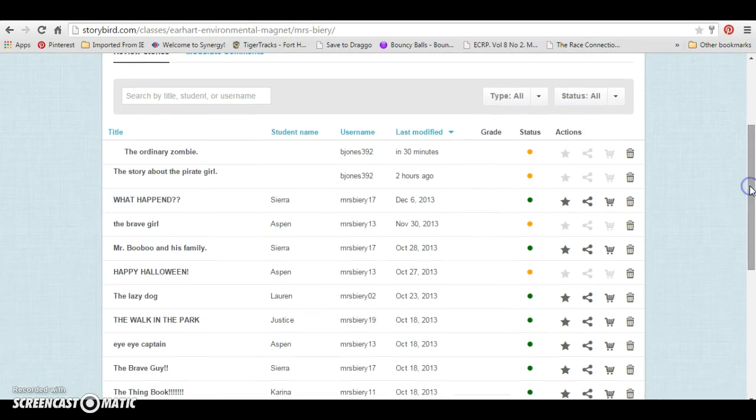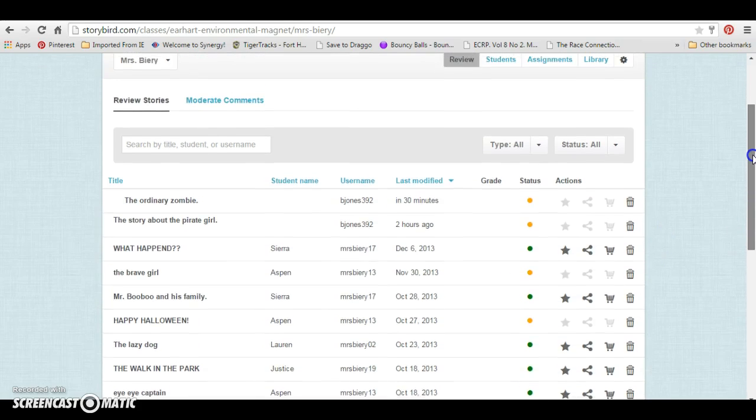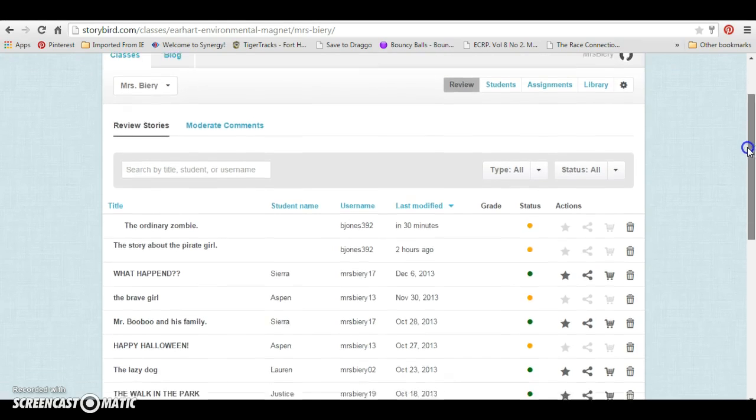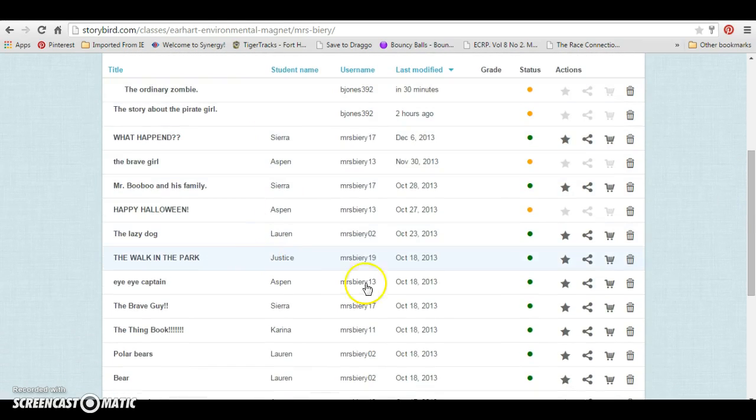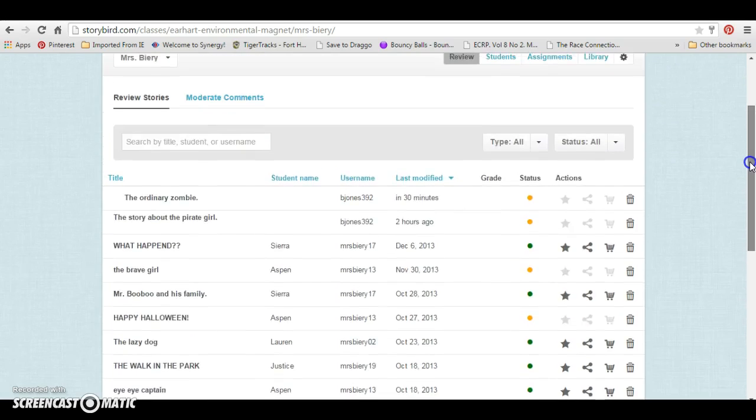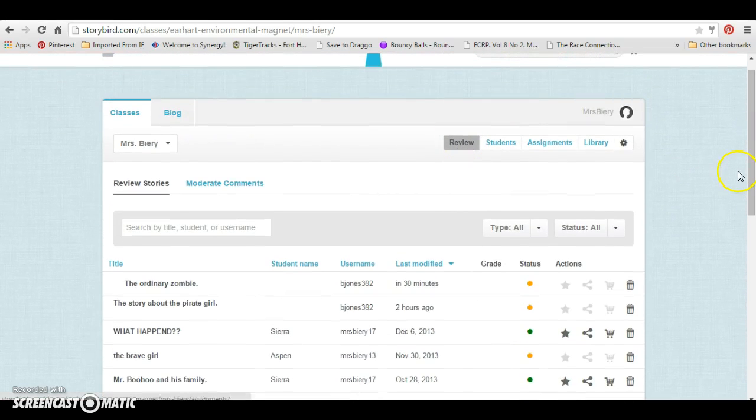As you see, I have, oh look, I have a kiddo working on it like right now at 8:30 at night. This is my kiddo that I am using for enrichment, and then these were students that I had used it last year. So I kind of have a log of everything that's happening, which is nice for me to moderate.